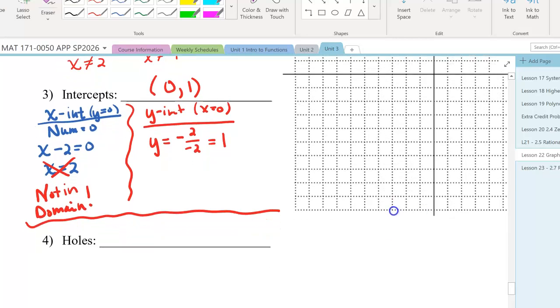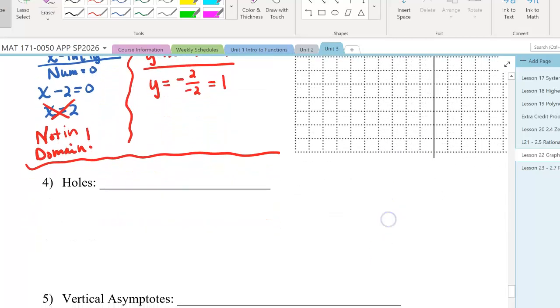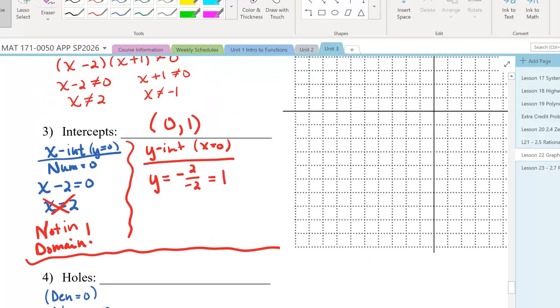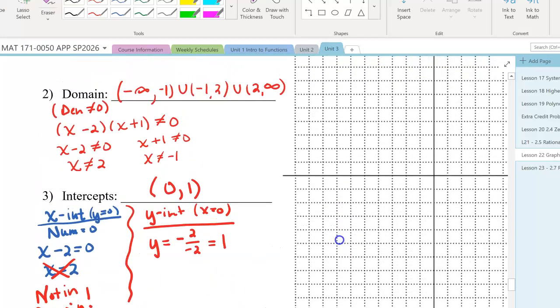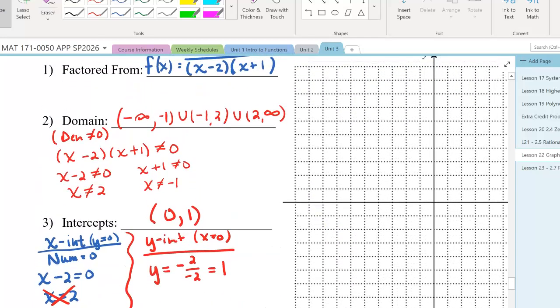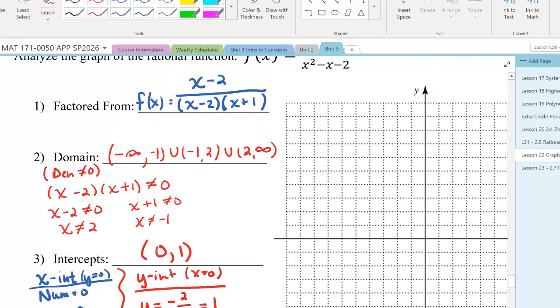All right. So now we're going to holes. Remember, holes go hand in hand with the domain. And so do vertical asymptotes. So we have two numbers that x can't be. One of them, there's going to be a hole, and the other one, there's going to be a vertical asymptote.